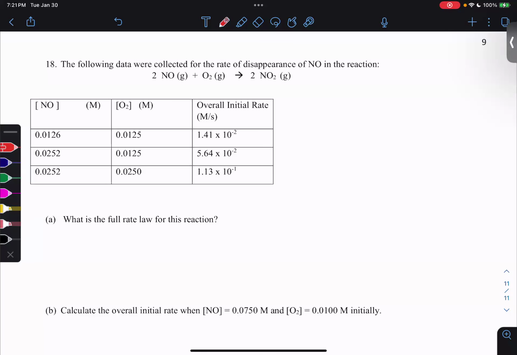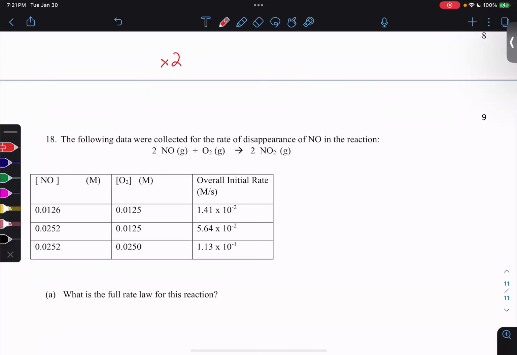So the thought is, if I double the concentration of something and I see a doubling of rate, to me, that's a 1-to-1 ratio. So I can say that that reactant is first order for that reaction. Versus if I have a doubling of concentration, but I see a 4-fold increase in rate, does that mean first order? No, it means second order.